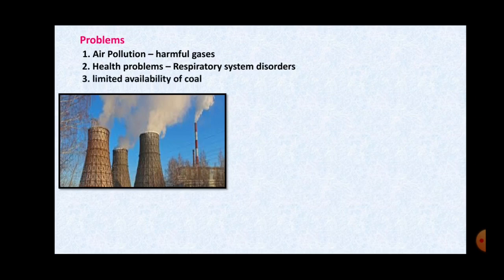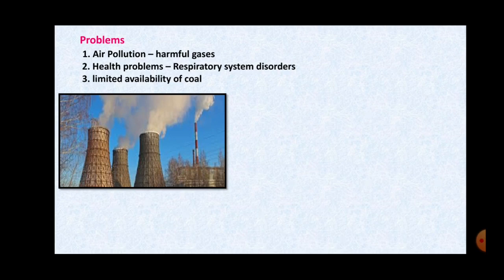Then limited availability of coal, as we know that it is the conventional source of energy. So coal is present in very limited amount. And if you remember, in 9th standard, we had studied about the fossil fuel. So coal is a fossil fuel, right? So it is in a very limited quantity under the deeper layers of earth.